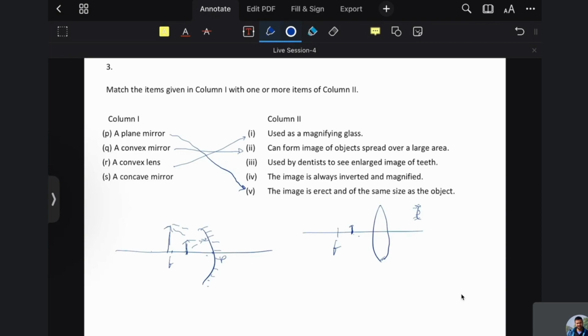So the concave mirror is used by dentists to see an enlarged image of teeth. So yeah, this is a simple problem.